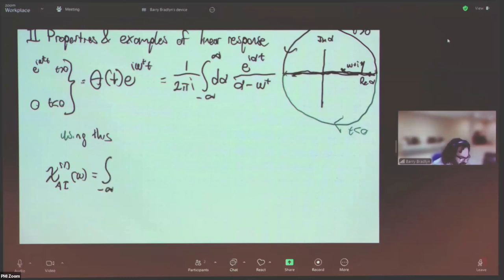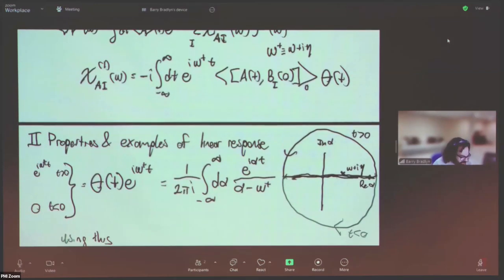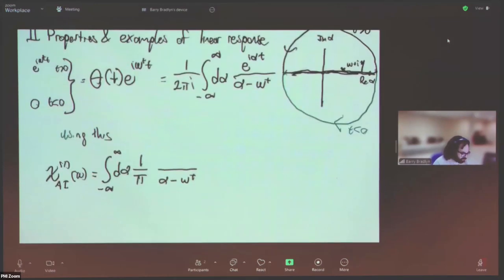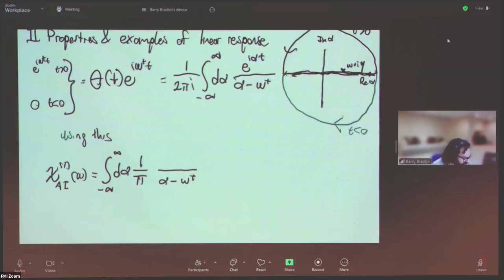I'll take this 1 over 2 pi I factor, and I'll split it up. First, we'll do an integral over alpha. I'll put a 1 over pi here. I have our alpha minus omega plus. We have 1 over 2i. We have a minus I here. That leaves us with a minus a half.